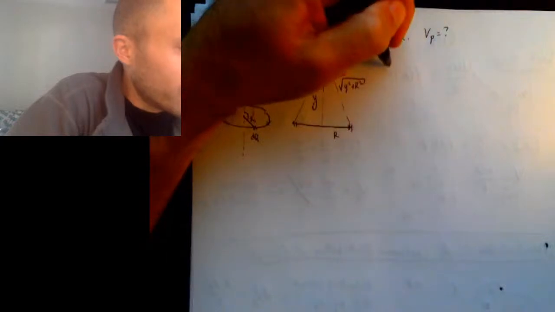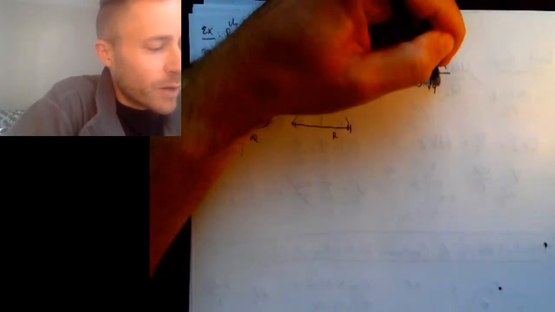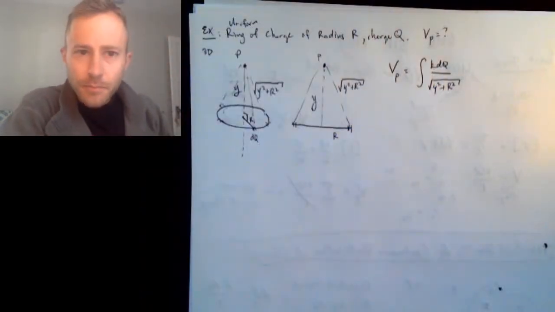So if I want to know what is the potential at the point P, it is going to be the integral of k dq over little r, which is the square root of y squared plus big R squared.